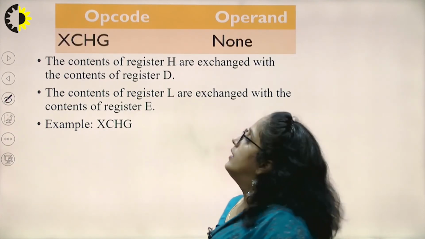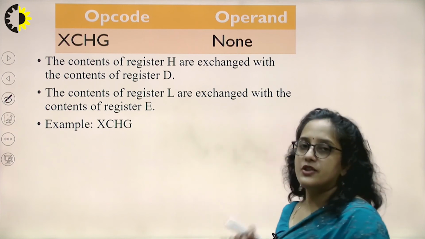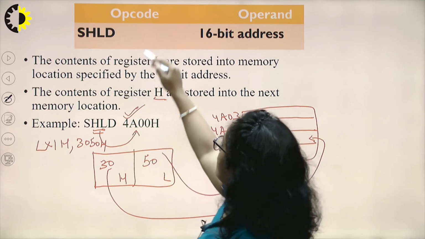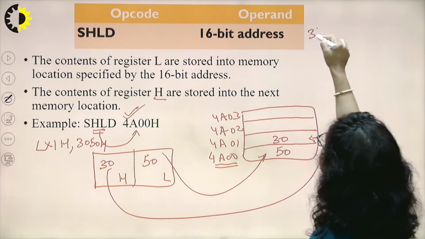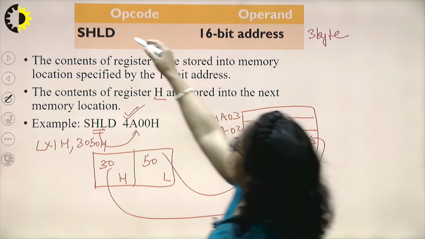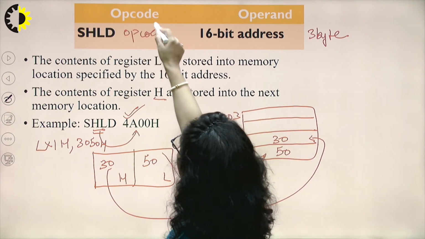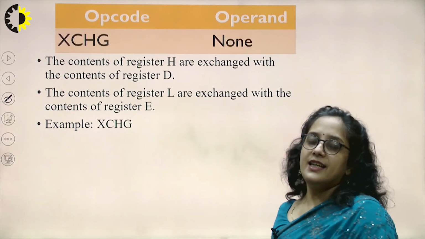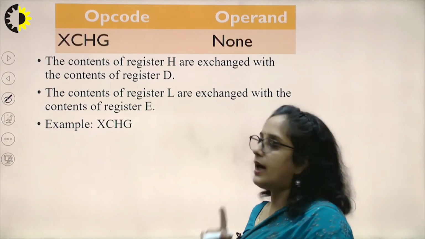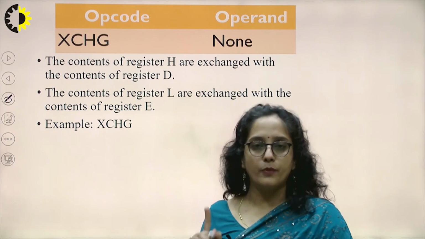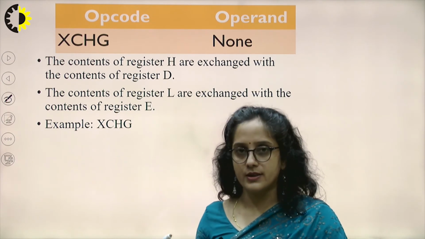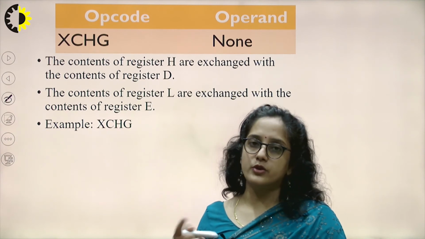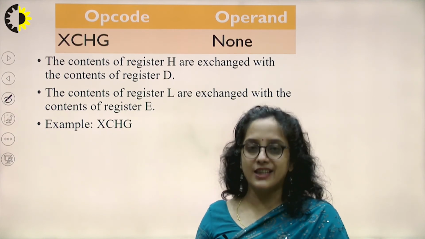Next instruction is XCHG. This is a 1-byte instruction, and whenever the opcode is given to the microprocessor, it fetches this opcode, decodes it, and comes to know that it has to perform the exchange operation.